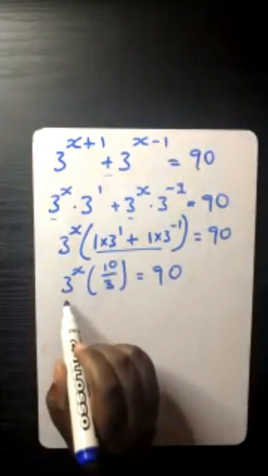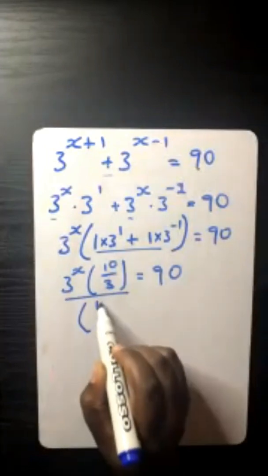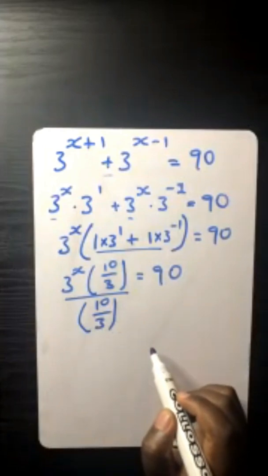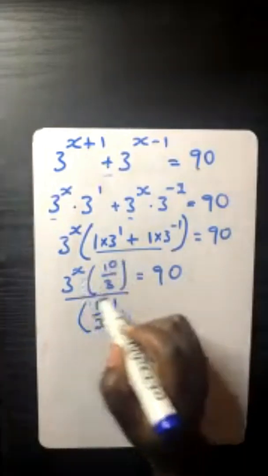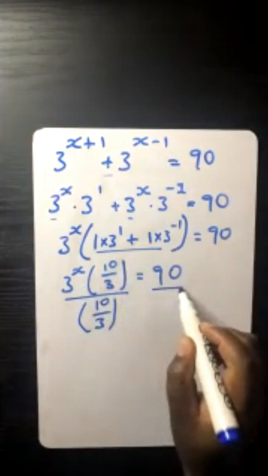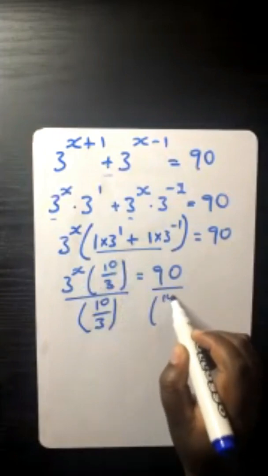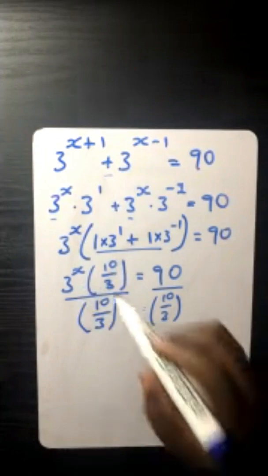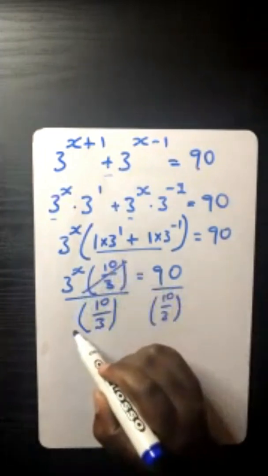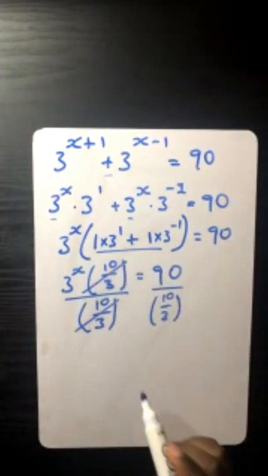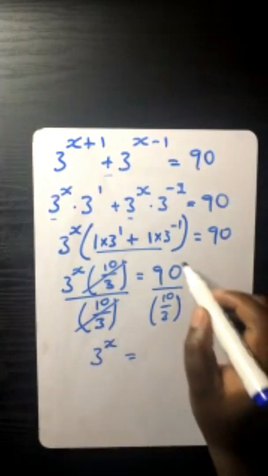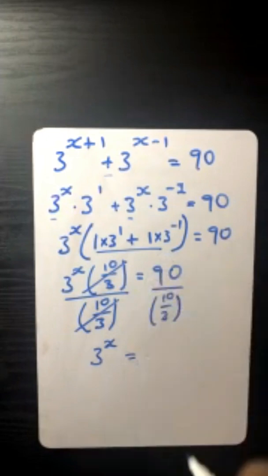You can divide by exactly the same thing as it is, because this is exactly what you want to cancel. Therefore, you also divide by the same thing on the other side. So that will cancel, that will cancel. You remain with 3 to the exponent x, which is equal to, what is that one?